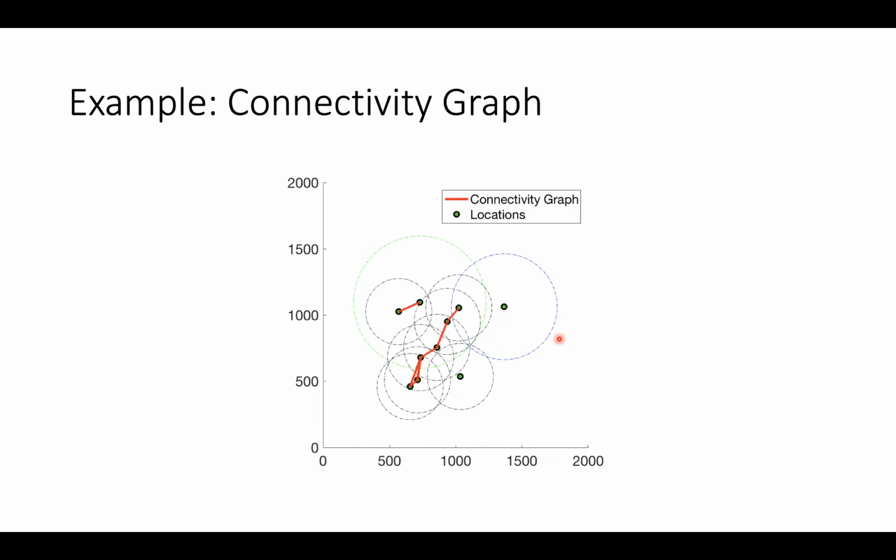So each sensor has a specific radius that designs a circle around it, and if there are sensors within this circle, they can communicate. So if two different sensors have communication ranges that intersect, then they can communicate, and so there is an edge between them.